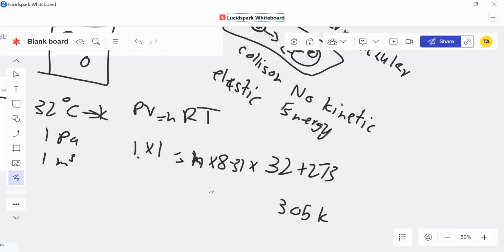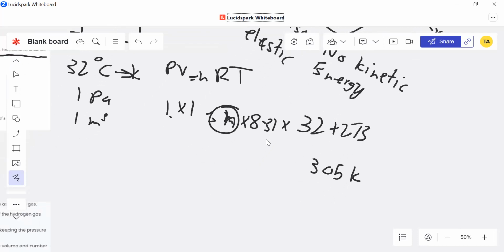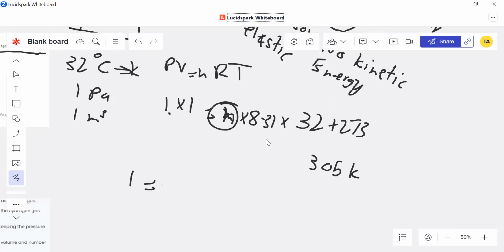Now, using all of this, I can find the number of moles. What is the number of moles? Well, 1 times 1 is 1, so 1 equals 8.31 times 305 times the number of moles. I'll multiply these two, move this to the left, and I'll get the number of moles.